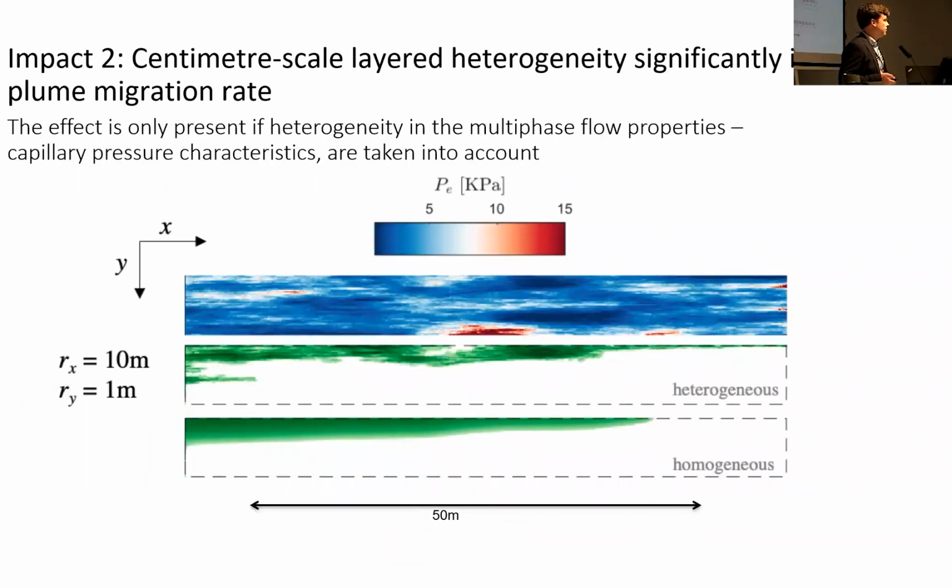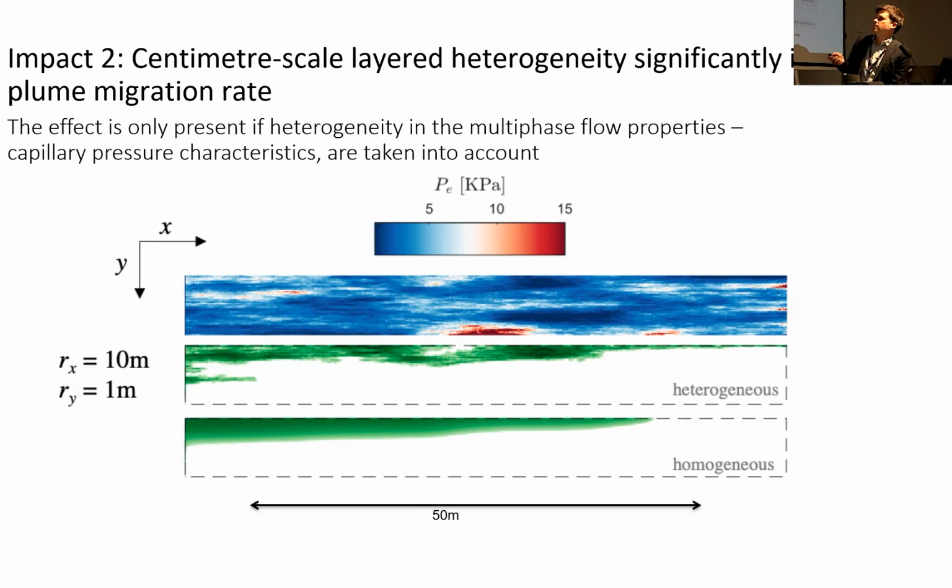So the second impact regards the lateral flow that I mentioned in the slide showing the Sleipner and Insula migration patterns. And here, what you see is that the carbon dioxide moves through very thin layers of the heterogeneous systems.